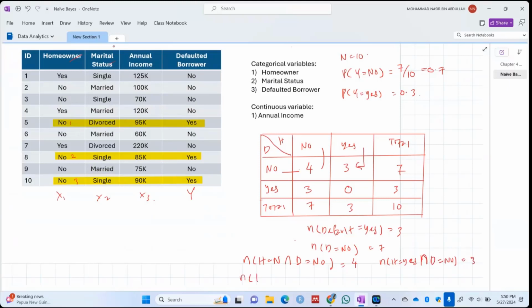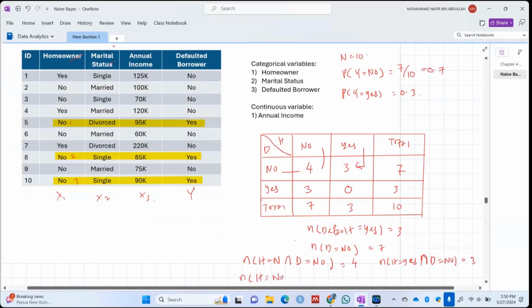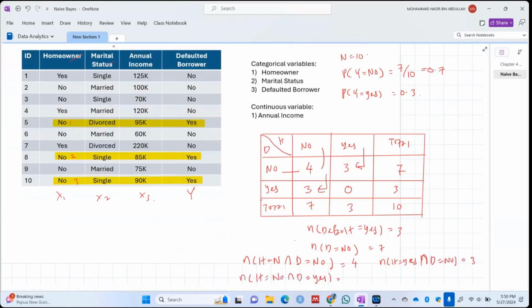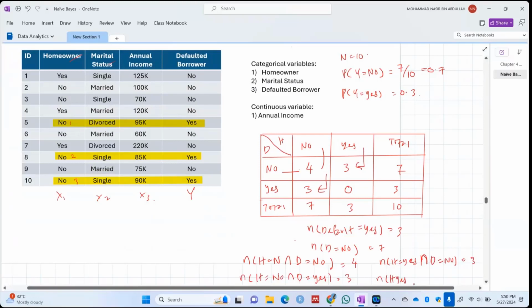And homeowner equal to yes, intersect with default equal to yes. This is 0.